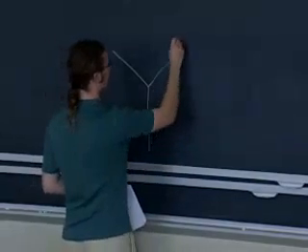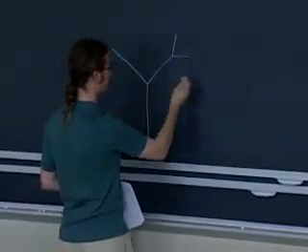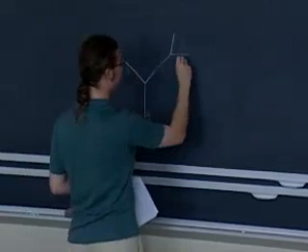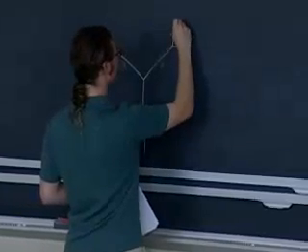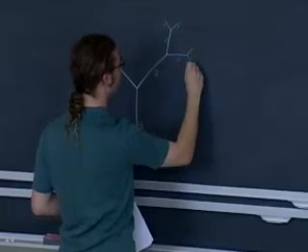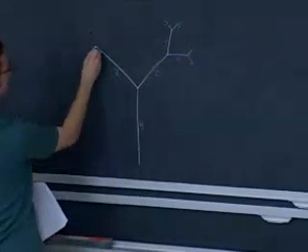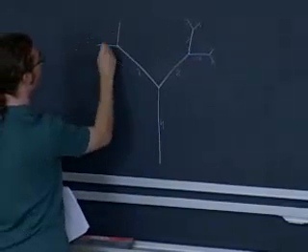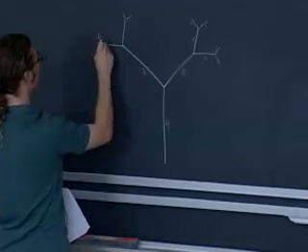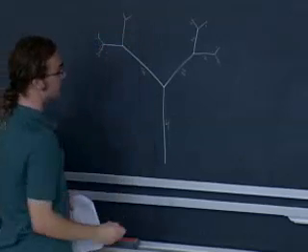So here, depth is 4, 3, 2, 1. And it does it on this side, too. So it just keeps going like this.